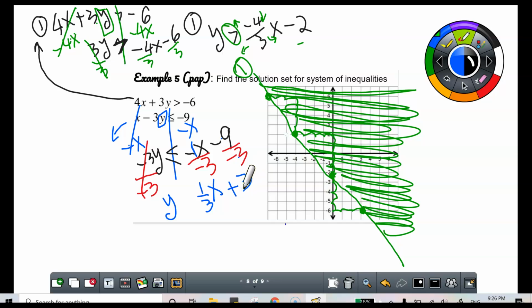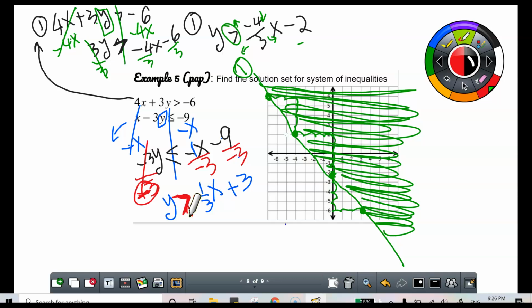Okay? Here, the sign is easier to make mistakes. Negative divided by negative is positive. Okay? And then be careful about the inequality symbol. So if you divide by a negative number, your inequality symbol is going to switch. Okay? So before it's less than or equal to, now it's greater than or equal to.